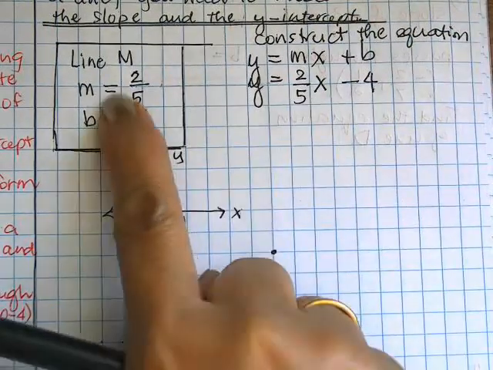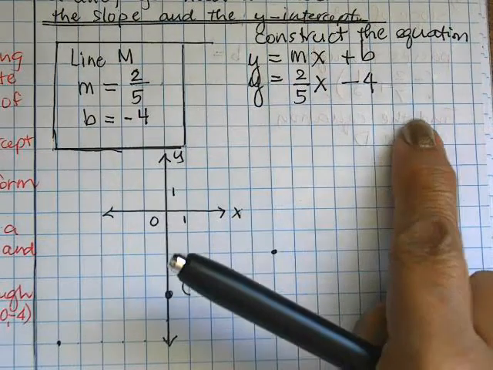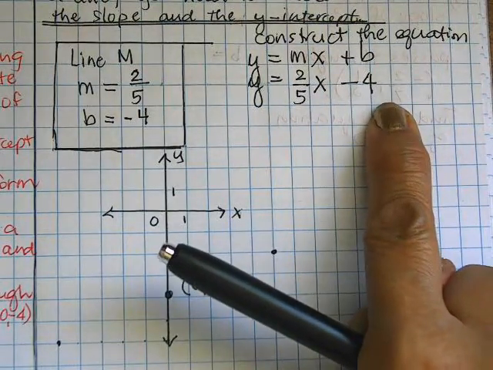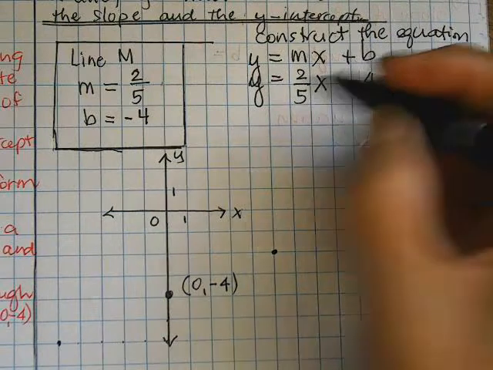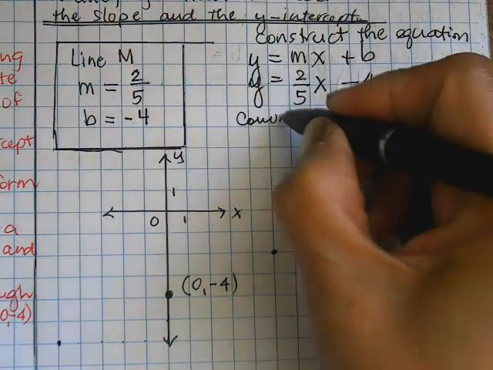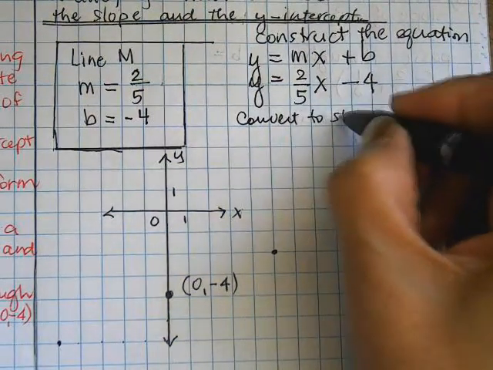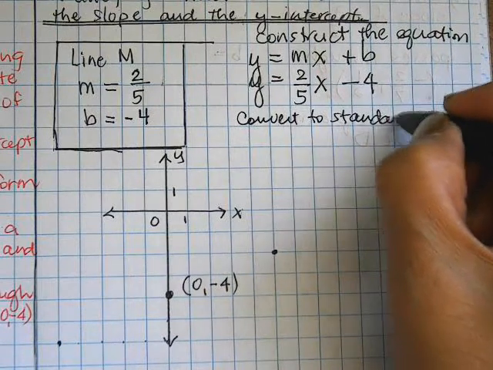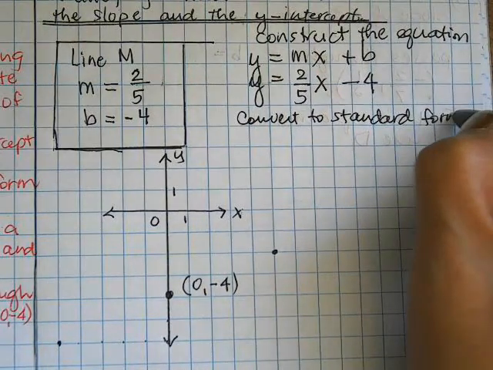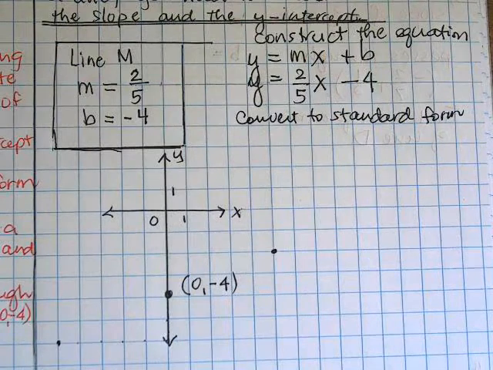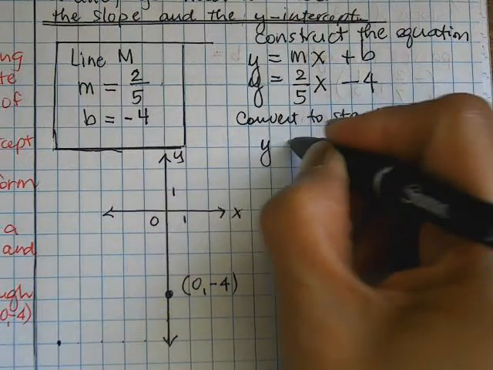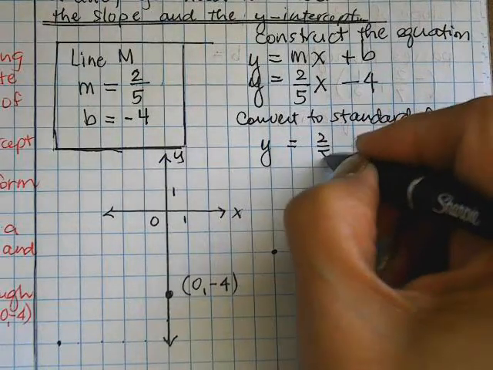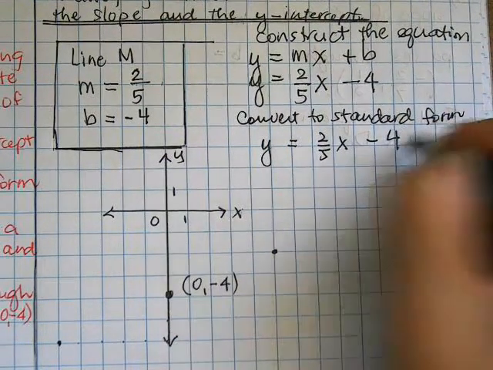I got this from these two. That is already your slope-intercept form. Now you just have to convert that to standard form. It's so easy because you're given both ingredients. You don't have to find them. So y equals 2/5 x minus 4.